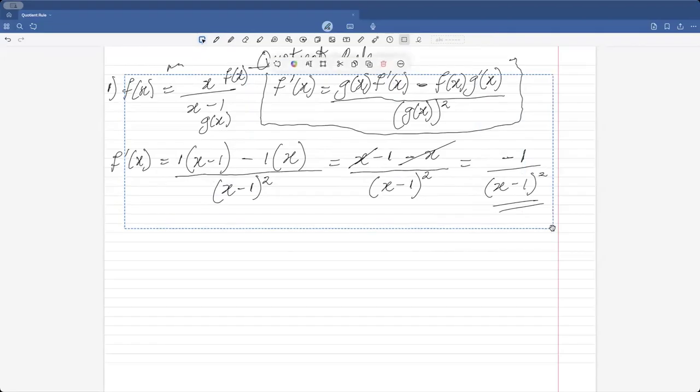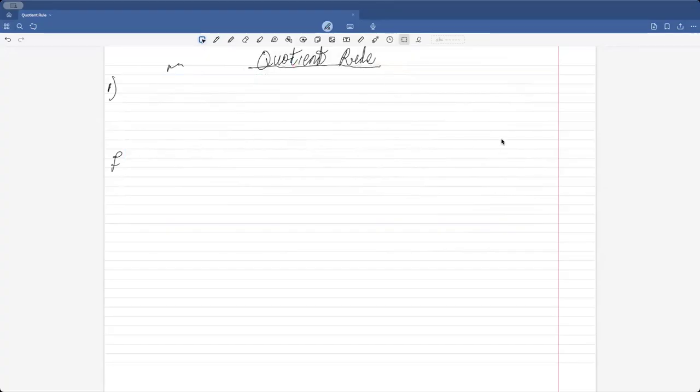So let's say we have a question that says f(x) equals e to the power of x all over 2x minus x plus 1.